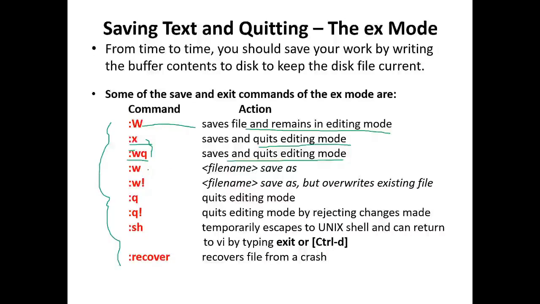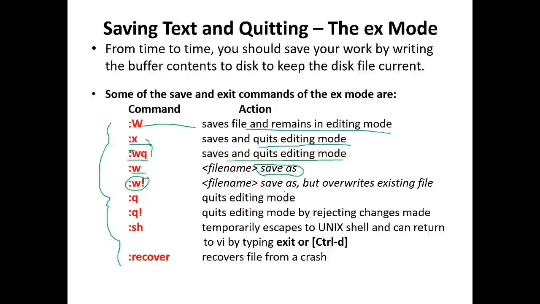Now suppose for the same file you want to give another file name. For a file you have given some specific file name, and you want to change the file name. Then you can press colon small w. It is going to act like a save as. Now see, another, small w with the exclamation operator.